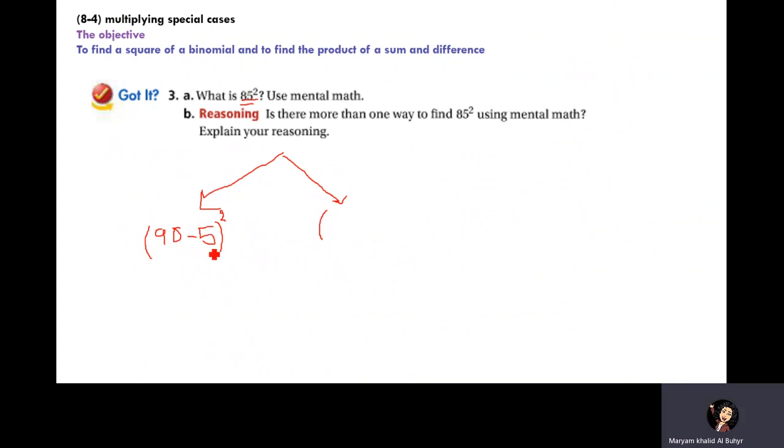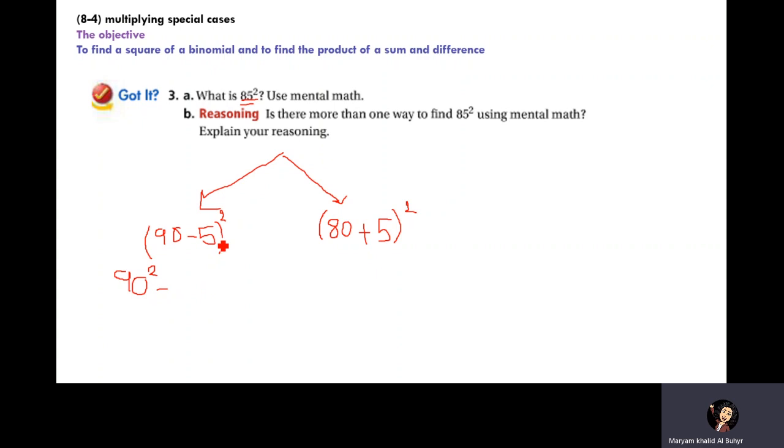Or you can say 80 plus 5, all this to the power 2. You will get at the end exactly the same result. Let's do this one. So that will be 90 to the power 2, sorry.